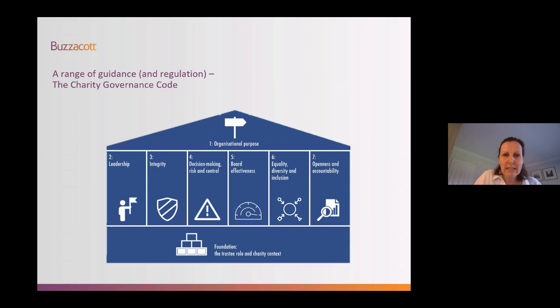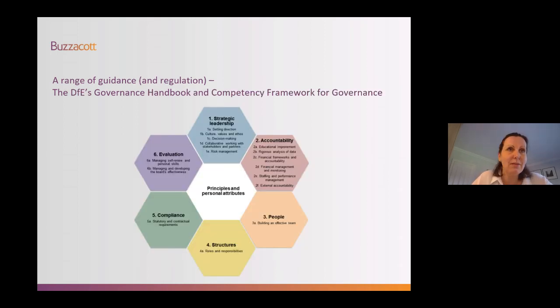So if we turn to the next slide, we'll also see many similar themes, and apologies, this is quite small in terms of text, but this is lifted from the DfE's governance handbook and competency framework for governance. So you'll see here many of those common themes that were coming through in the charity governance code are also reflected in the DfE's governance handbook.